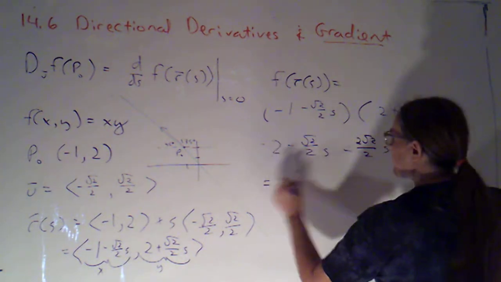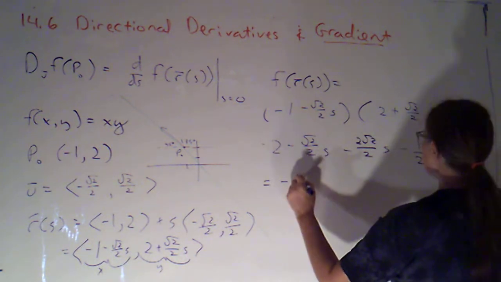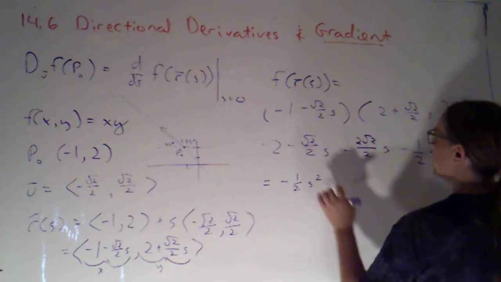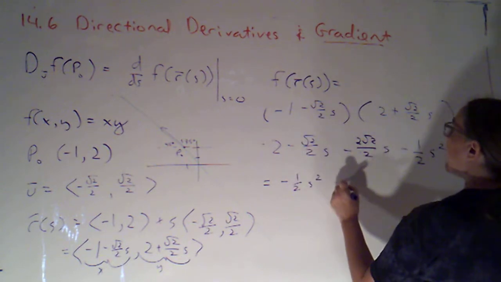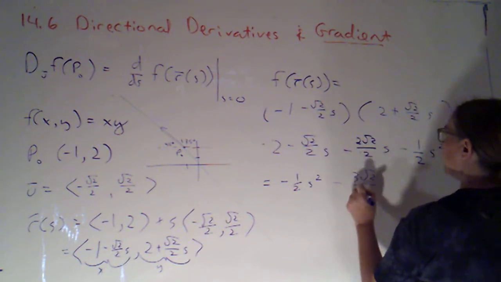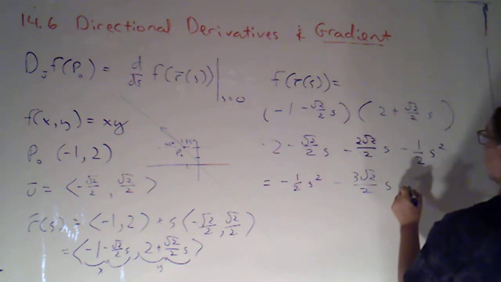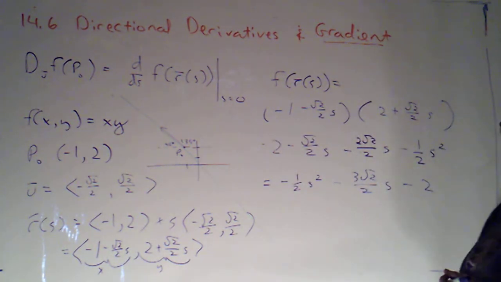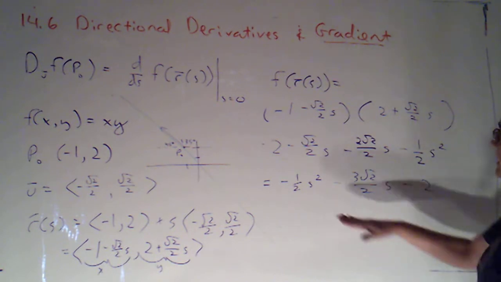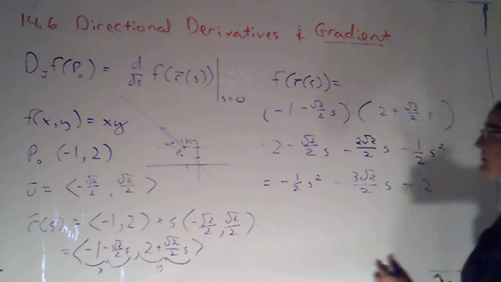Let's just rewrite that in descending order, so I'm getting -1/2 s squared, minus 3 root 2 over 2 s, and then minus 2. Okay, excellent. So that's my function composition.